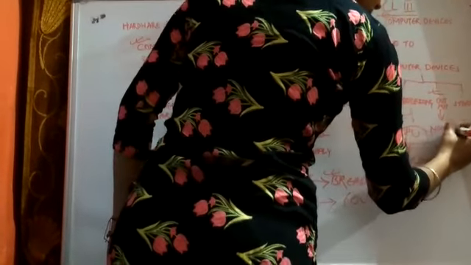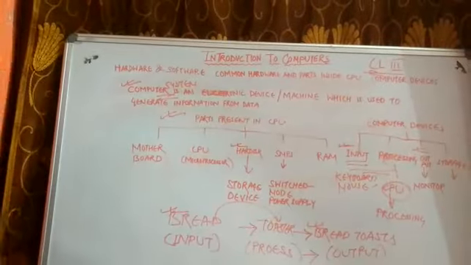Next is the output device. Here I have already explained that the bread toast is the output. So what are output devices? They display the information. We can give the example of an output device as monitor. And the storage devices. What are the storage devices? They store data.